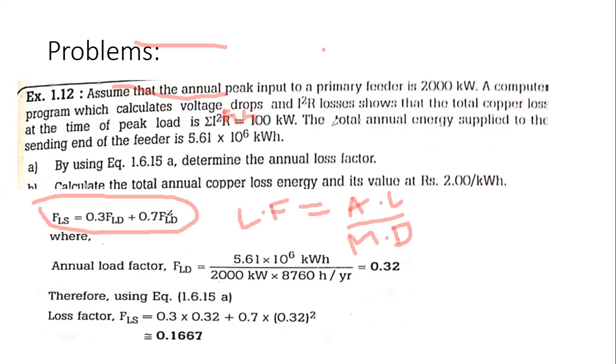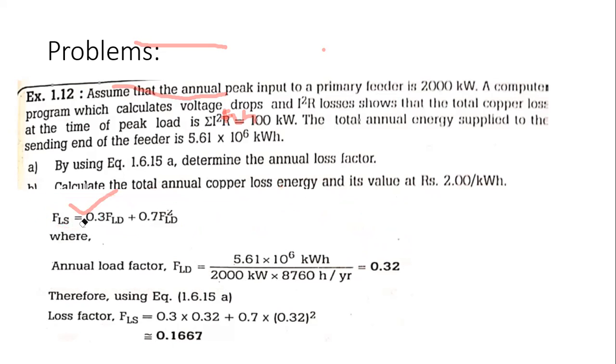That will be given by the energy consumption, or the total annual energy supplied. The average load divided by the maximum demand, which is the highest peak, is the load factor. This is the load factor formula and this is the loss factor formula. Remember these two formulas. They are very important for calculation of load curves, load duration curves and also the loss factors.